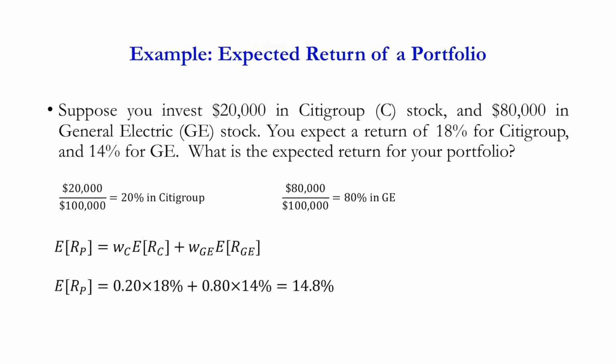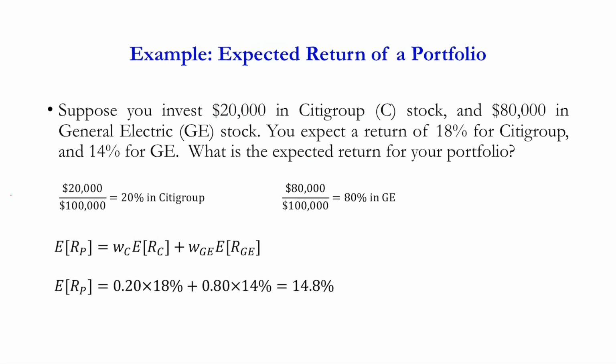So here is another example for calculating the expected return of a portfolio. Suppose you invest $20,000 in Citigroup stock and $80,000 in General Electric stock. You expect a return of 18% for Citigroup and 14% for GE.